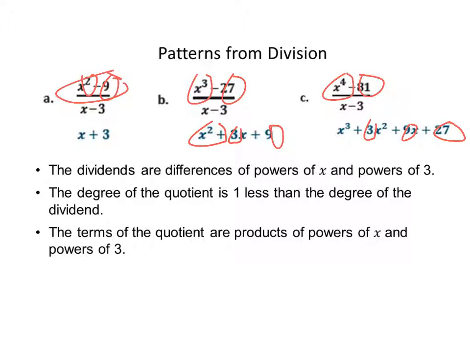So we have powers of x and powers of 3 in the quotient as well. So that is what I'm trying to explain here. The powers of x and powers of 3 on the quotient. Okay. So I will show you on the next screen how the powers are related together.